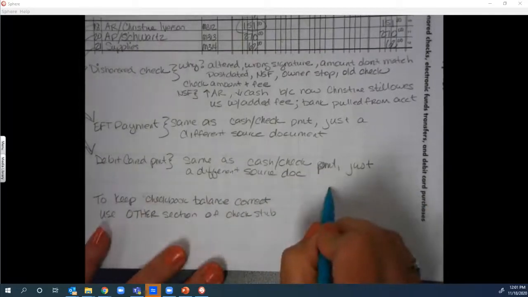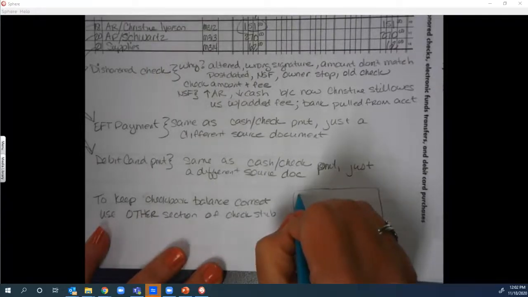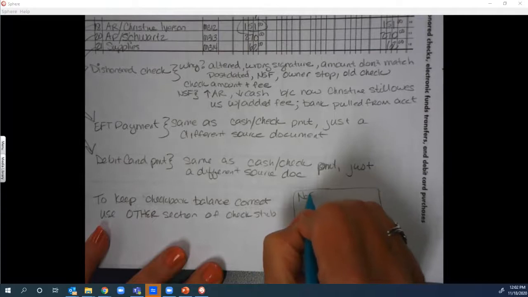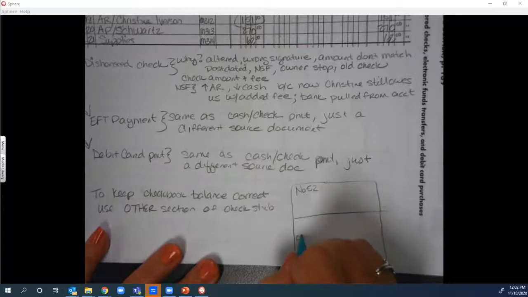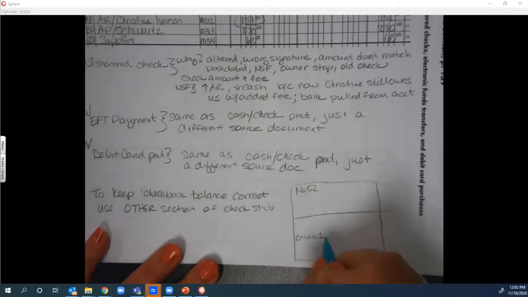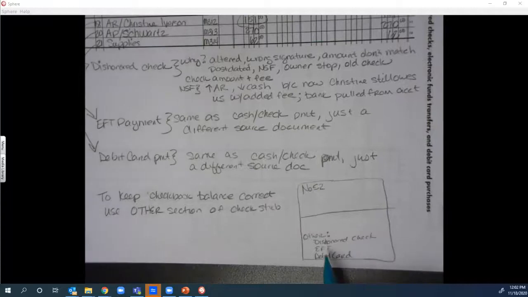Okay, and so we'll just kind of draw it. So this would be the top part, right, where we actually write the check. And then we have that other section, and we could write dishonored check. We might write EFT or debit card. Okay, so we had written service charge on the previous one, right? But this is just some other things. This is how we would record any of these transactions in our checkbook.